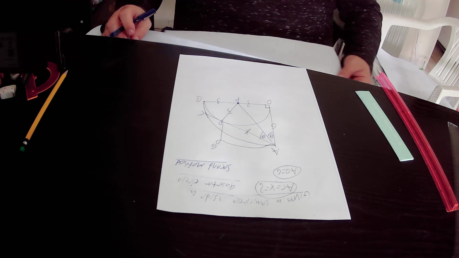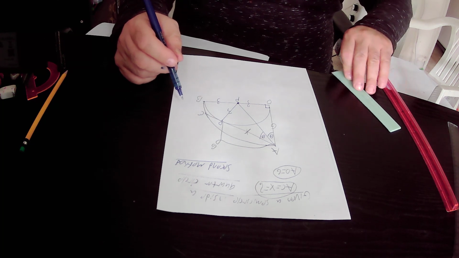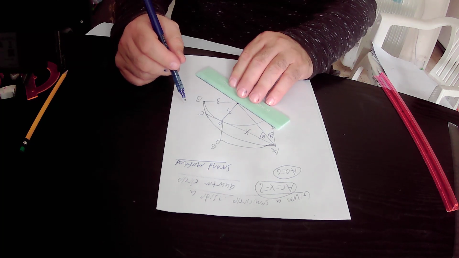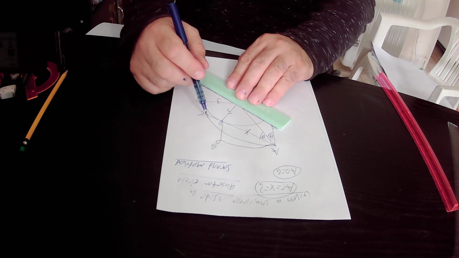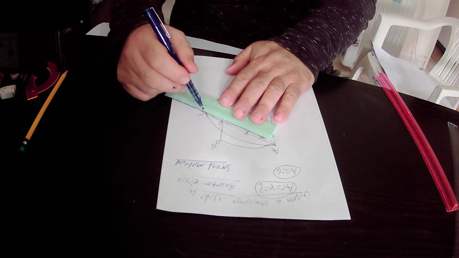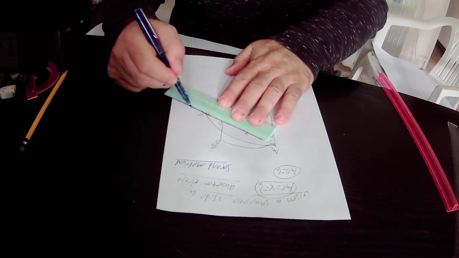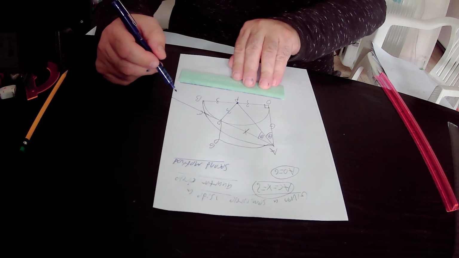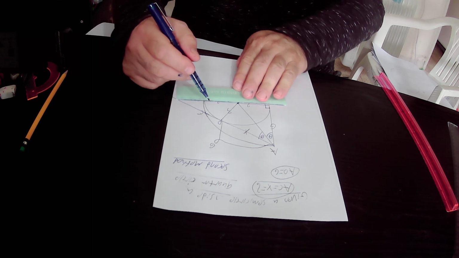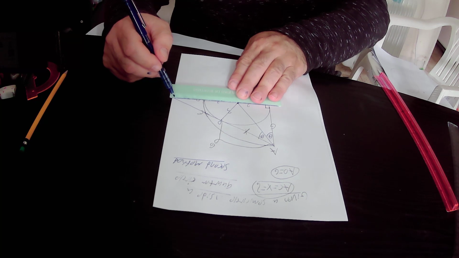We will extend side AD by a straight line, and we will also extend side OB by a straight line until it intersects with the extended side AC.